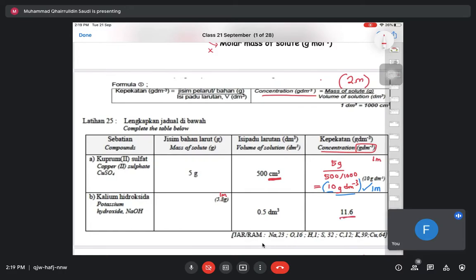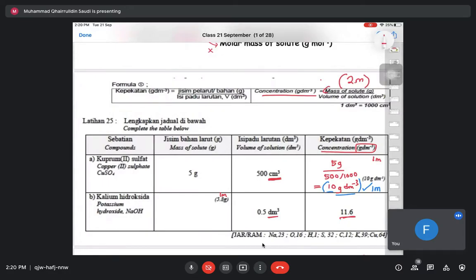Next one: it's given the concentration in gram per dm cube and the volume of solution in decimeter cube. They want the mass of solid in gram, so you just reverse the formula.